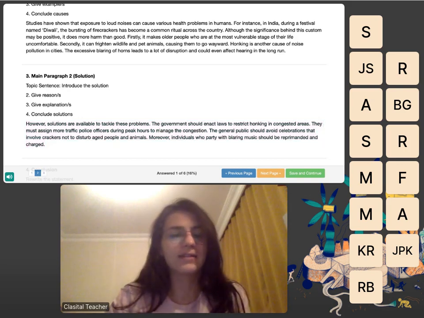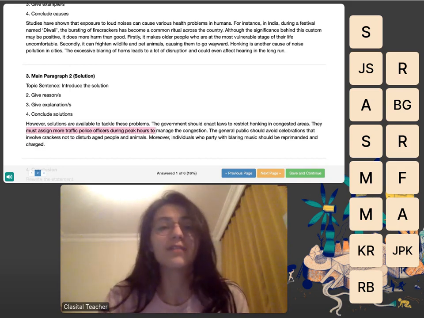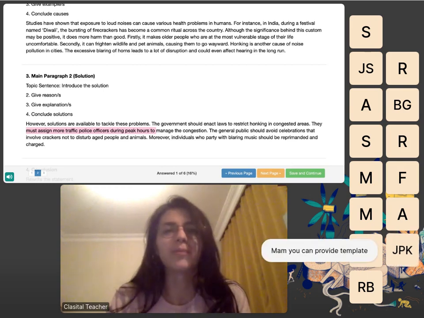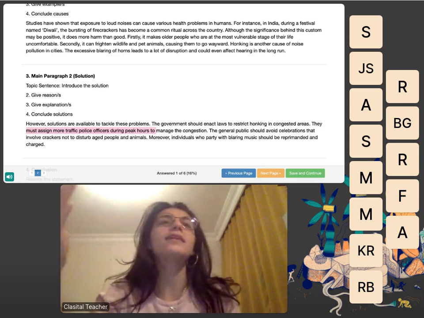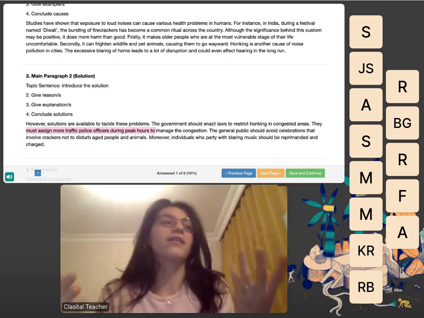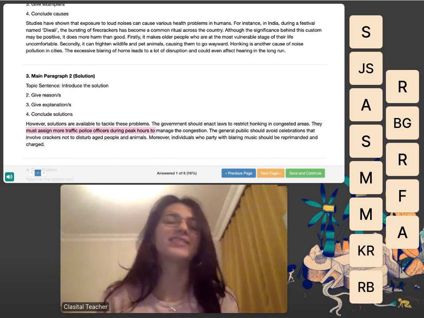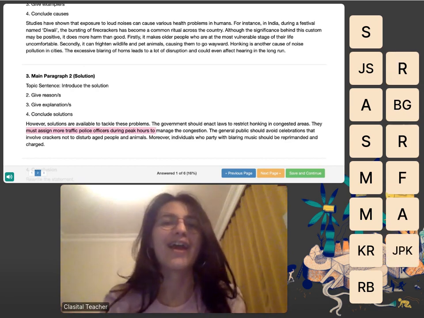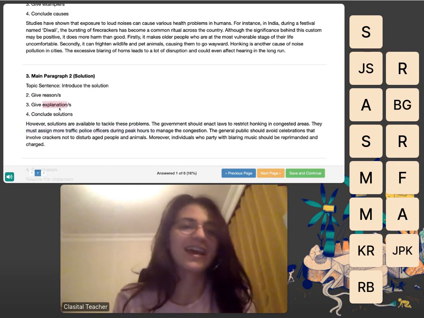Yes, it says they can assign police officers, but it doesn't actually tell us how assigning police officers will solve that problem. And of course, we can think about it, saying that if there's a police there, maybe they won't honk their cars that much, but we want to see it in our essay. So the examiner also looks for those explanations.